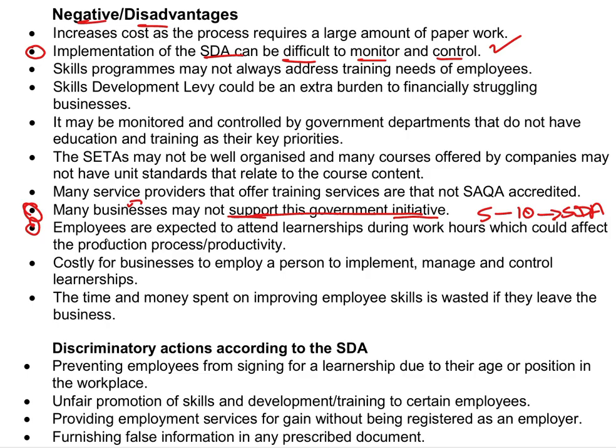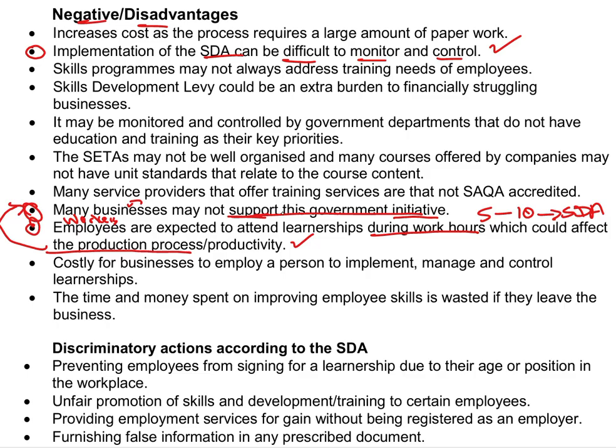So let's go to this one that Mem Bali chose for us. Employees. When you're talking about employees, some of you get confused. We are referring to workers. Employees are expected to attend learnership during work hours, which could affect the production process. You see, this one is talking to this one. It takes us back there.